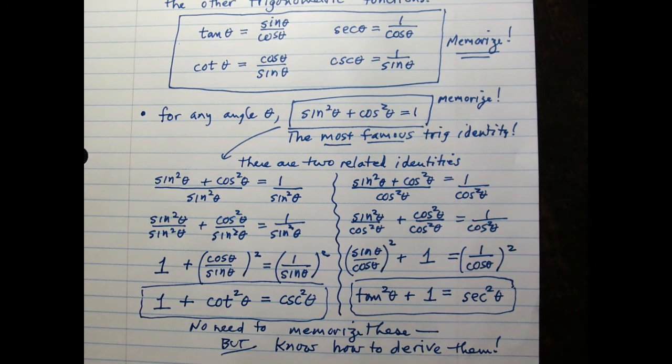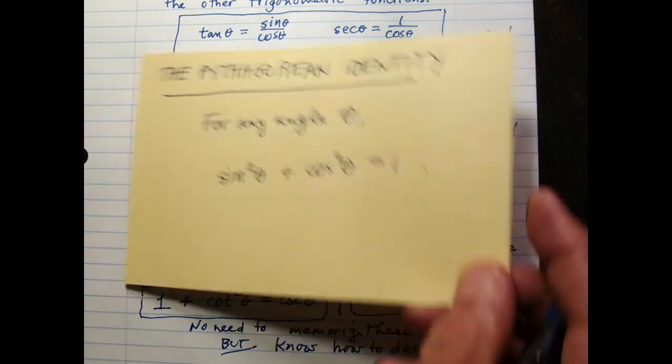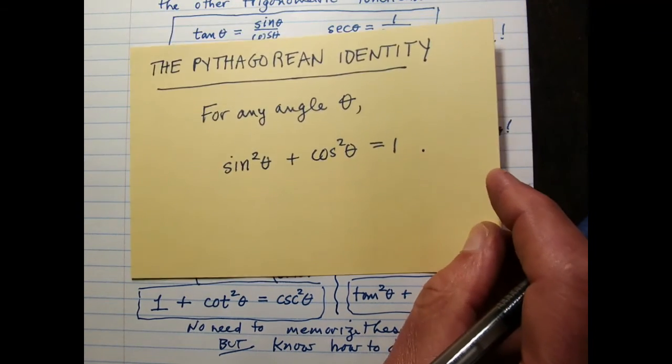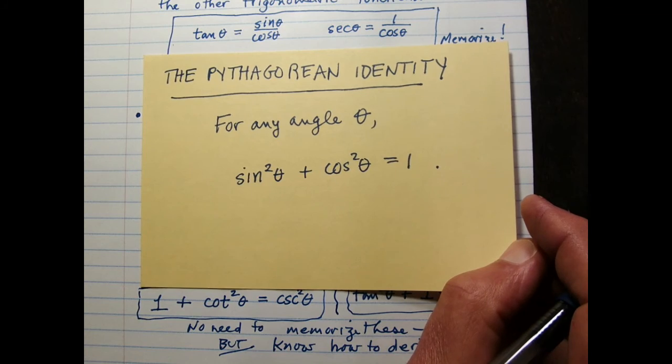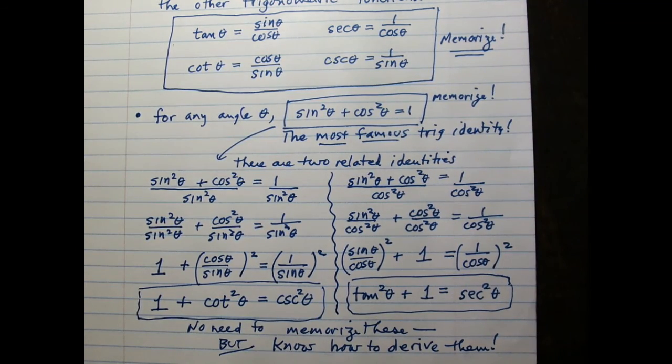I think I did not make a yellow card with the Pythagorean identity originally, but somehow it should have one. It's so important. It's really got to stand out. And so we're going to quit this video here. Now the next topic is going to be a new yellow card. It's another really important property, but we'll deal with that in a separate segment.